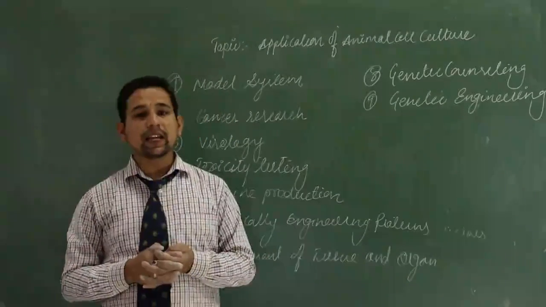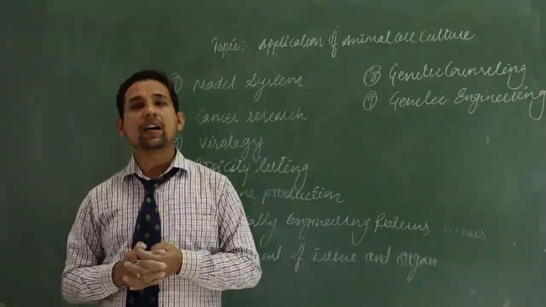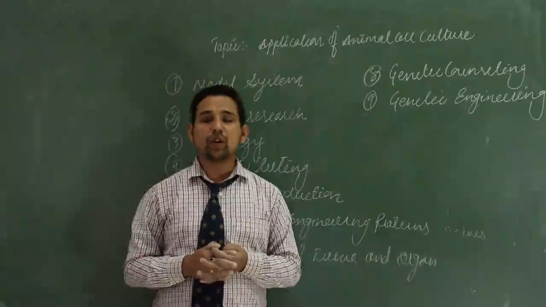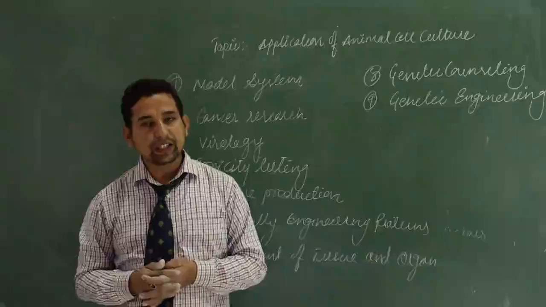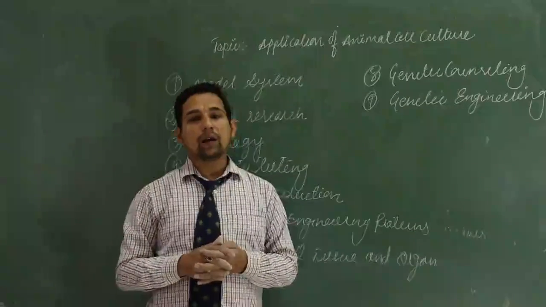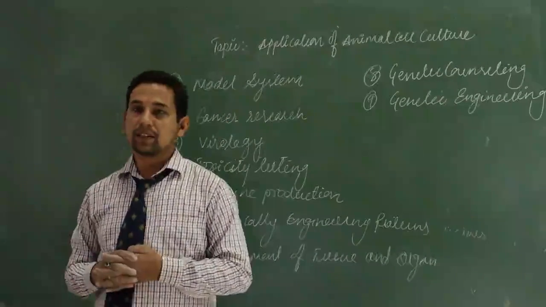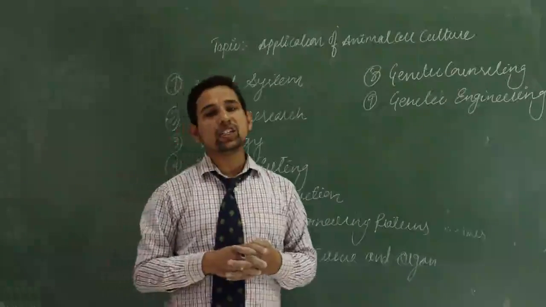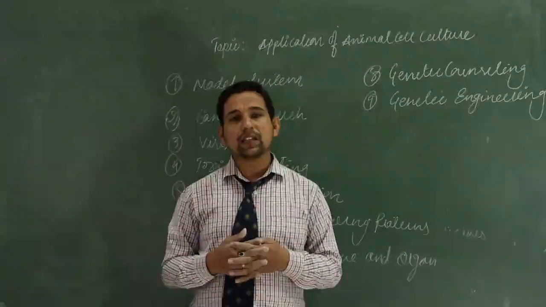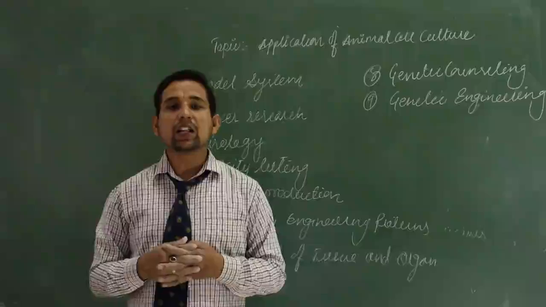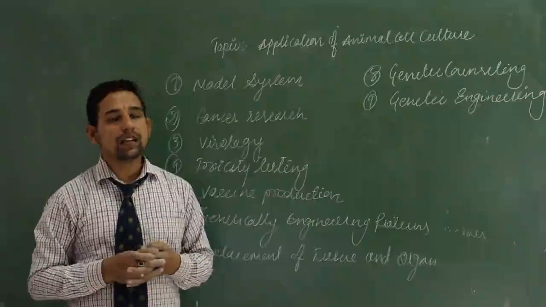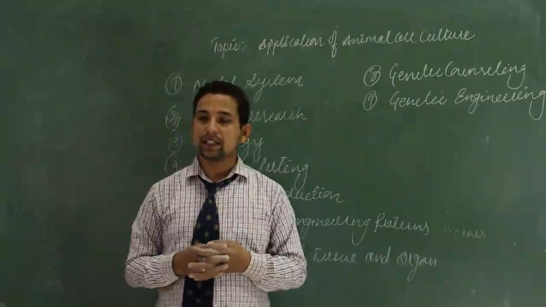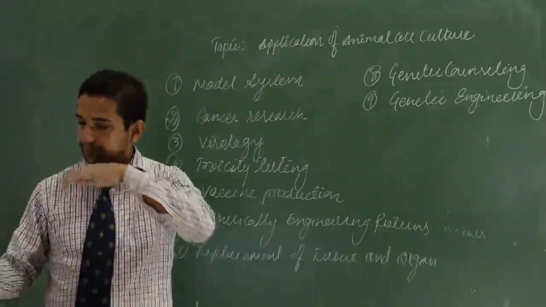Insect cells are also used to produce commercially important proteins by infecting them with genetically altered baculoviruses. Right. So in genetic engineering, cultured animal cells can be used to introduce new genetic material like DNA and RNA into the cells.